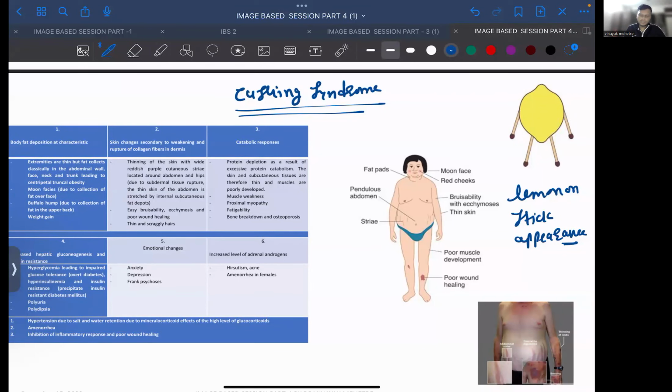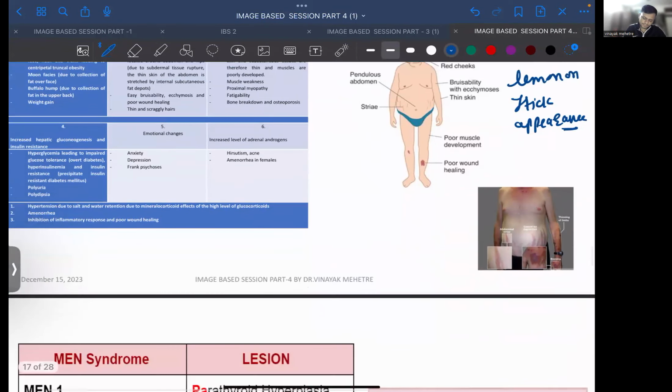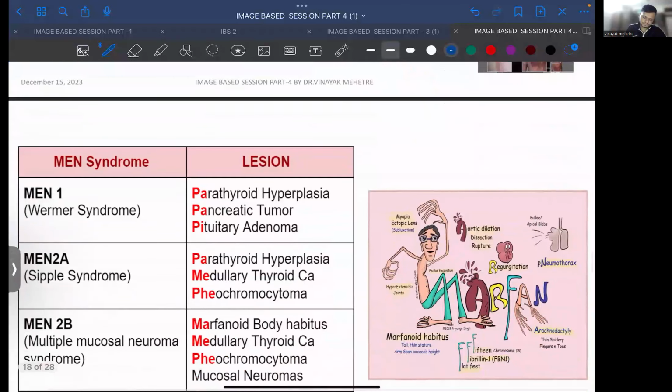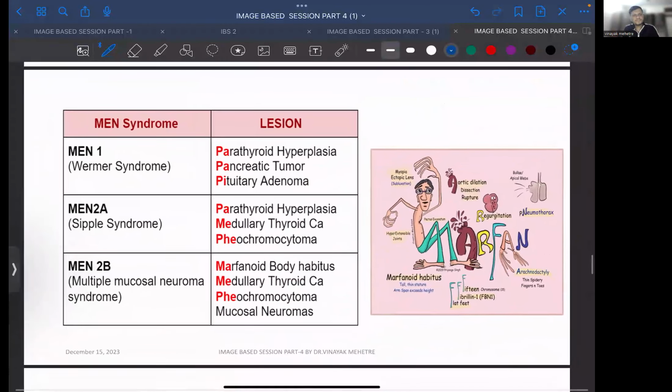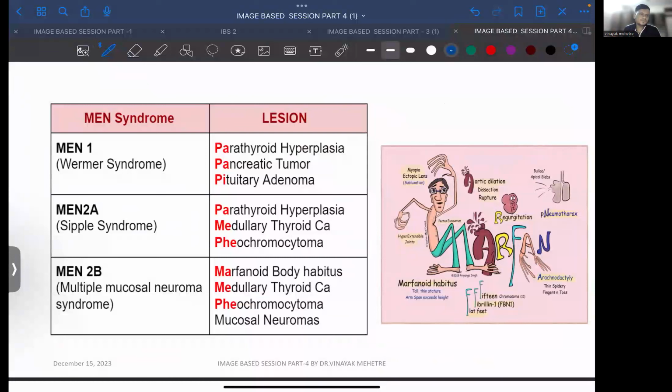Okay, then examiner's favorite, MEN syndrome. Question will come: all except, MEN 1 is associated with except. How you will remember? Remember it like this. Pa, pa, P: parathyroid hyperplasia, pancreatic tumor, and pituitary adenoma.